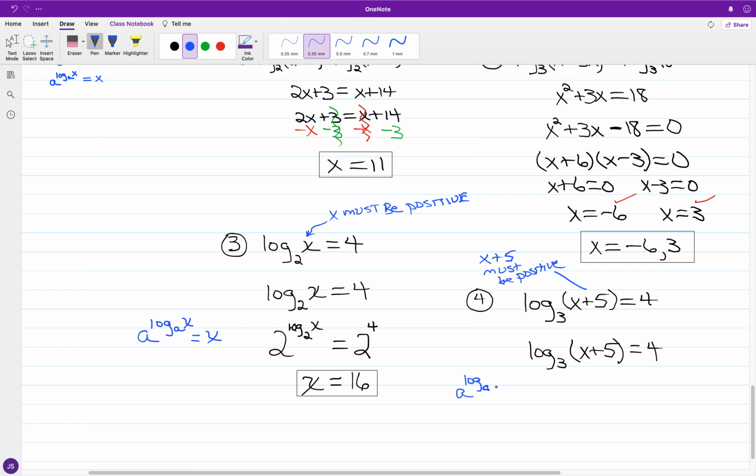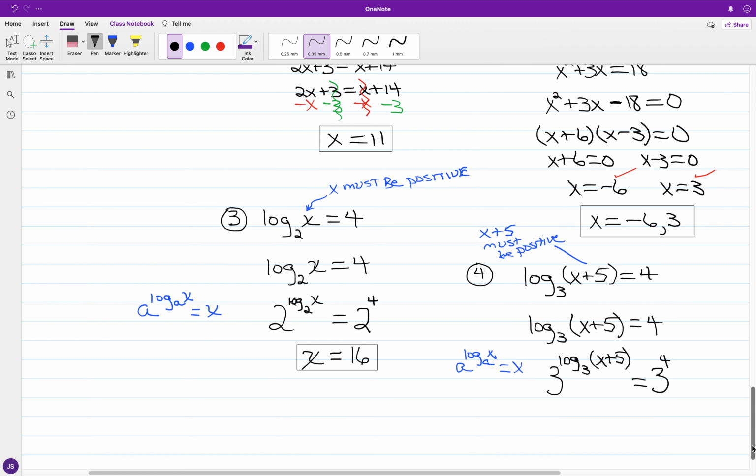Again, I have this property, a to the base a logarithm of the attachment is equal to the attachment. So with a at 3, I'm going to say that we have 3 to the base 3 logarithm of the quantity of x plus 5 is going to be equal to 3 raised to the 4th power.